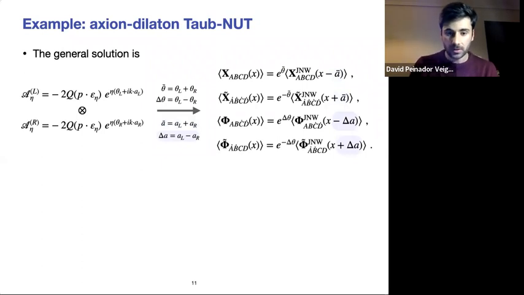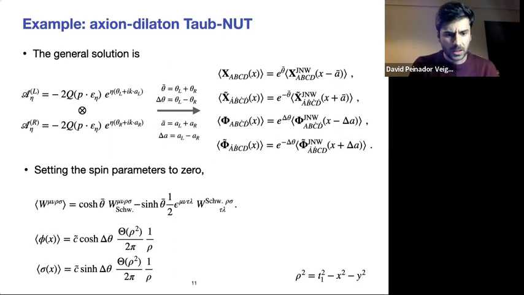We can look at this in terms of tensors also if you want, although it looks a bit more messy. And you get this if you set the spin parameters to 0 for simplicity. So this is the Weyl tensor that you get, and it is a rotation of the Schwarzschild Weyl tensor and the dual Schwarzschild Weyl tensor.